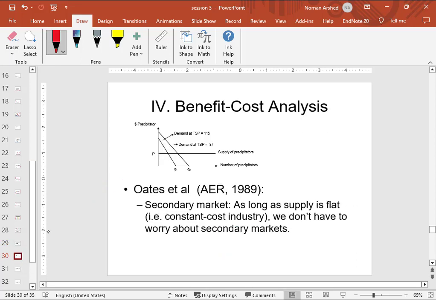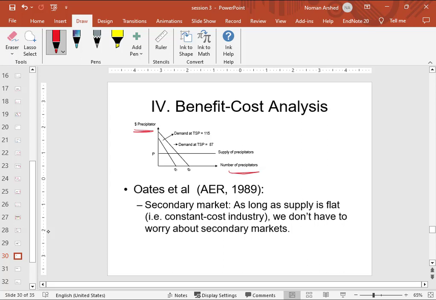Now let's talk about the last line he mentions about the secondary market. As long as the supply curve is flat, we do not have to worry about secondary markets. This is the number of precipitators and the price of precipitators. This is the demand curve for precipitators at different quantities, and this is the supply curve.